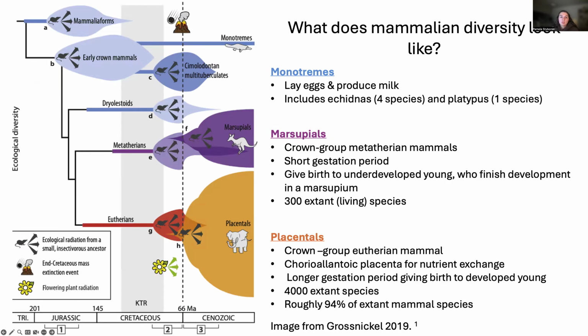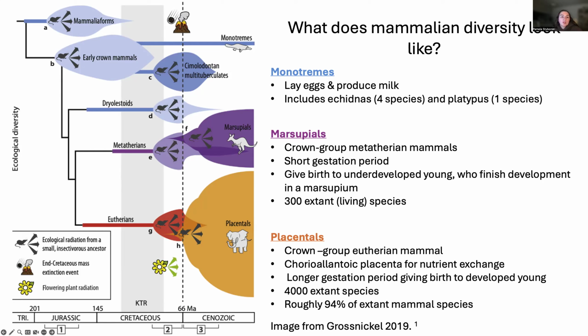So, mammalian diversity among the three living groups that the articles talk about. Monotremes: one big thing is that they lay eggs and they produce milk. They include echidnas, of which there are 4 species, and platypus, of which there is 1 species.